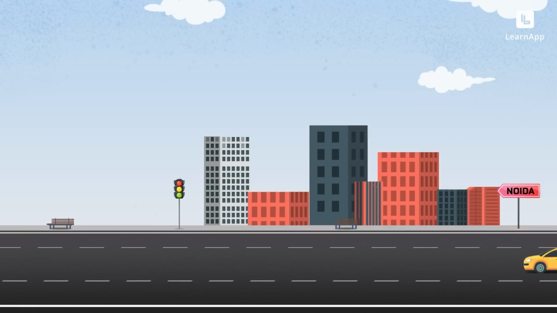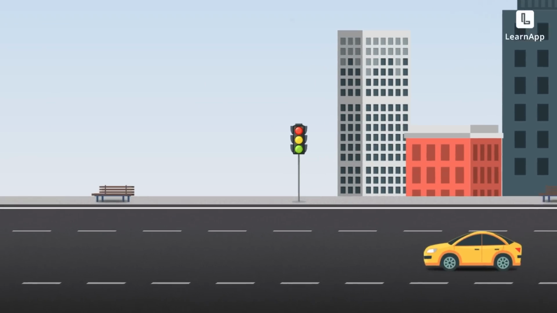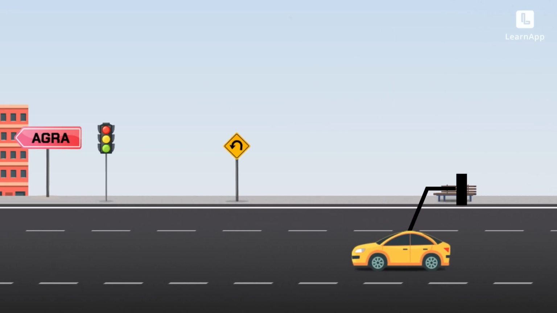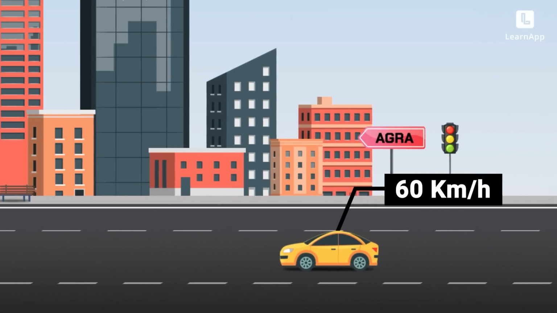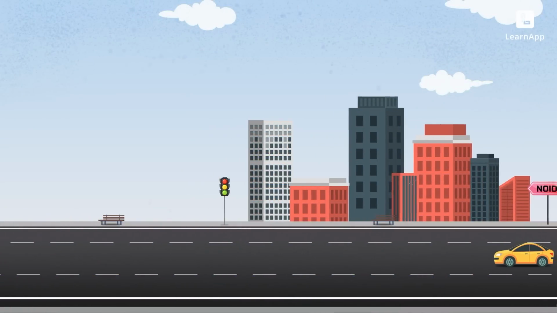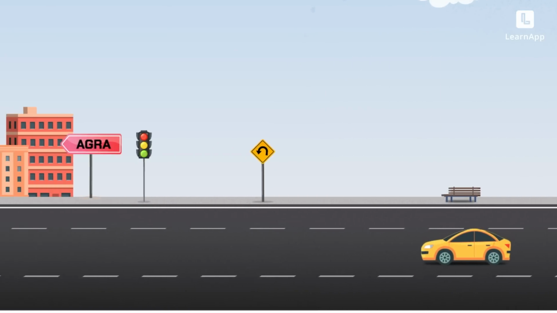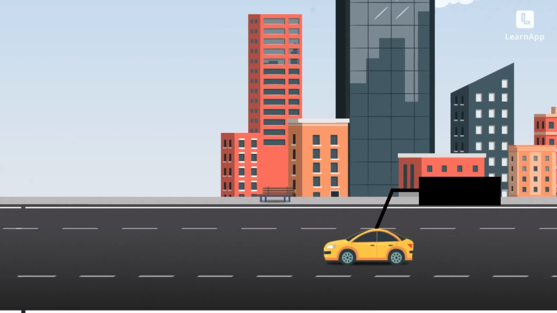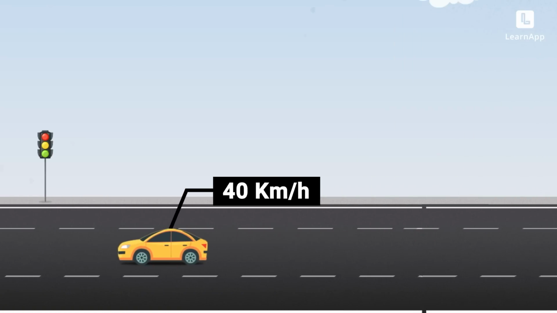Basically, divergence is you go in a car from, say, Noida to, say, Agra. All right. And you go at, say, 60 km per hour. The next time you go from Noida to farther than Agra, but at a speed of, say, 40 km per hour. So this is actually what can be measured on a chart too.